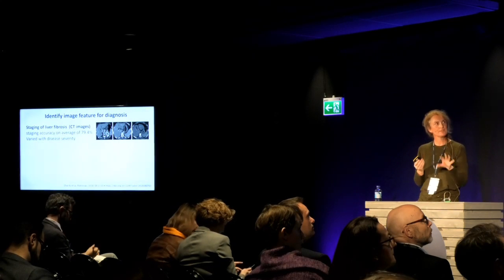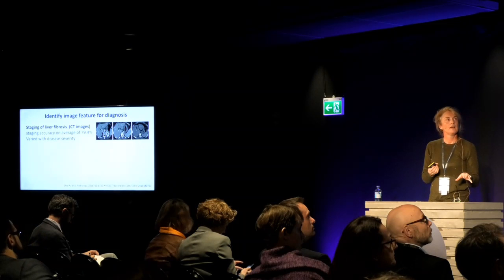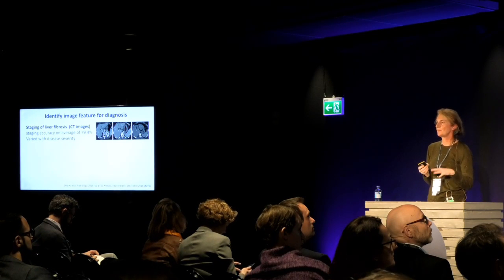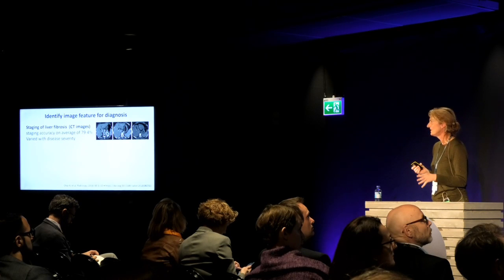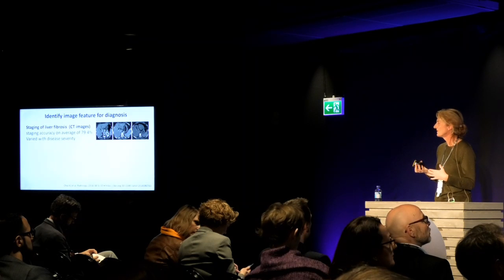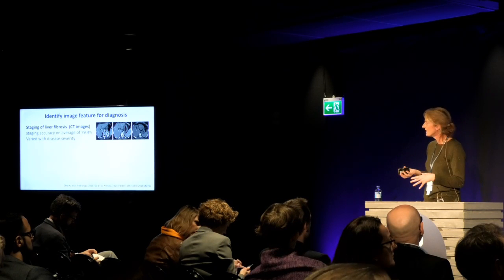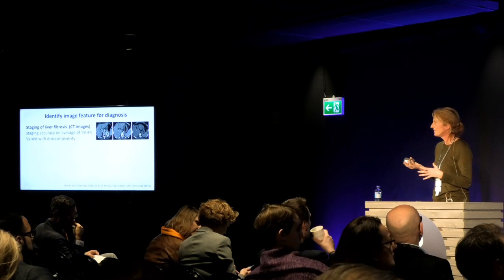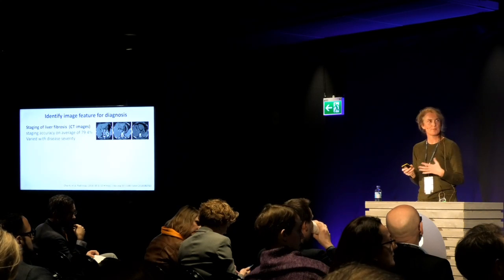I'm going to show you first two examples that are not from our work, just because they were recently published, and there's been a lot of talk about these cases in the clinic, and they are pretty good examples of what we could expect.